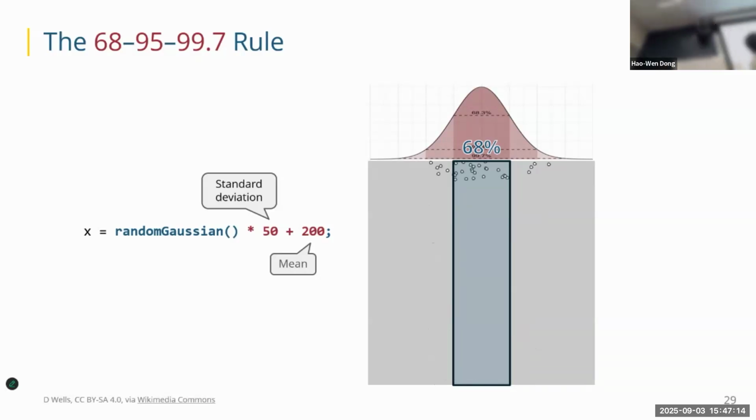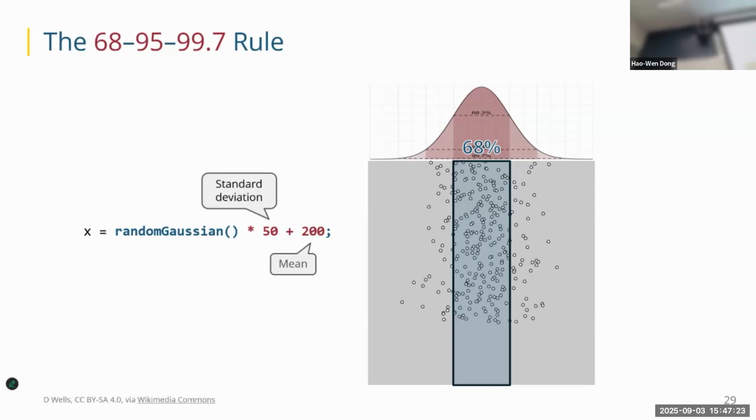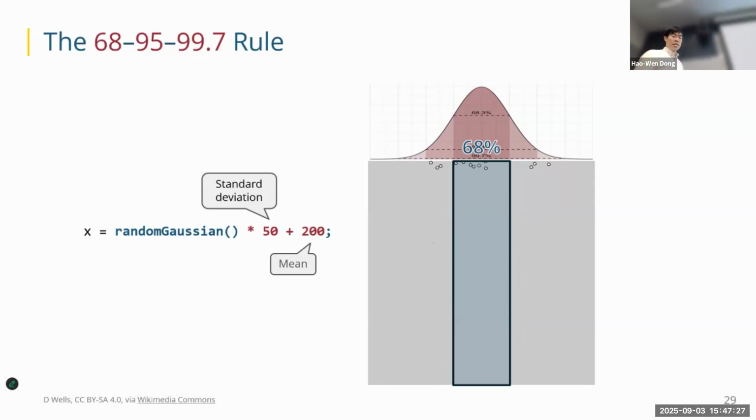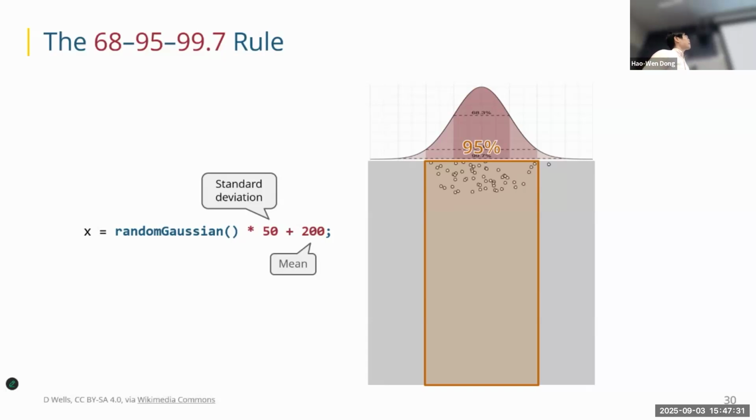So in this case, random Gaussian, now you set the standard deviation to 50. You can see that 68% of points will be in the middle part, that's the 1 standard deviation range, 1 sigma. And then 95% of that will be in the middle part.